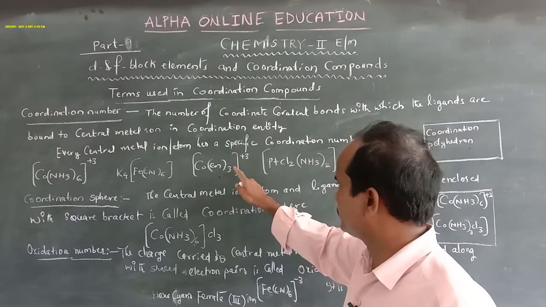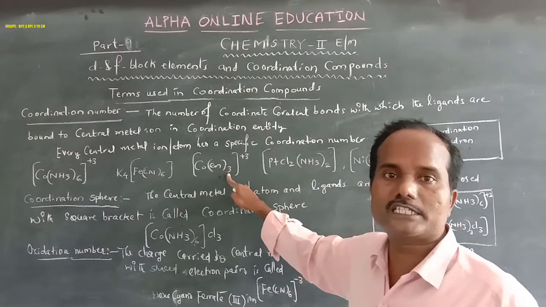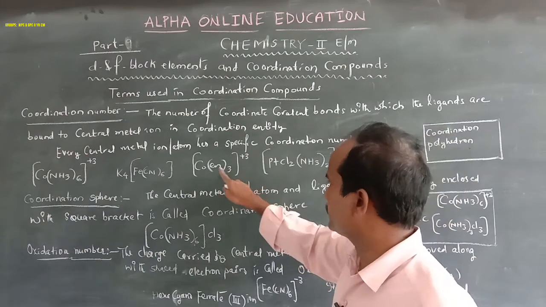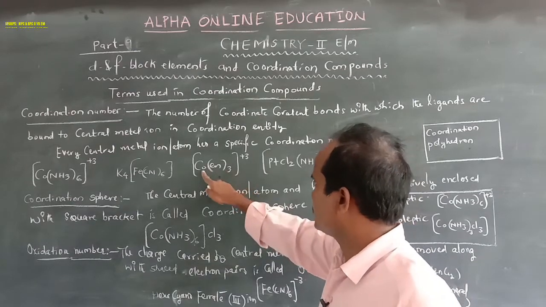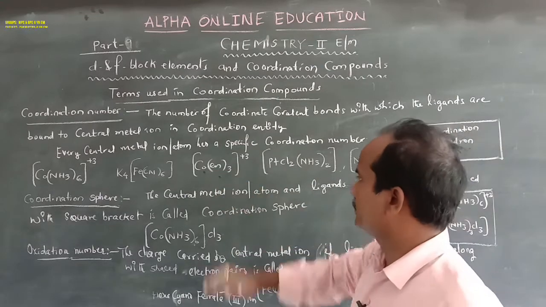That's why these 3 bidentate ligands can donate 6 pairs of electrons and form 6 coordinate covalent bonds with the cobalt ion. So the coordination number of cobalt is again 6.